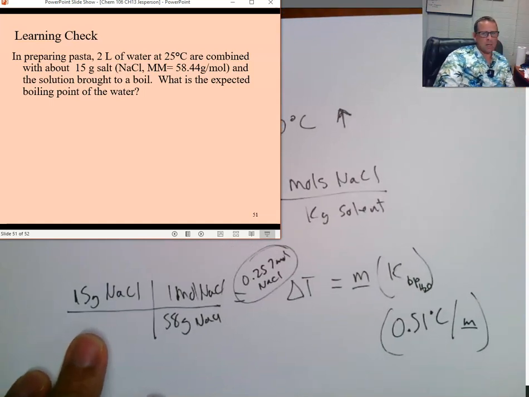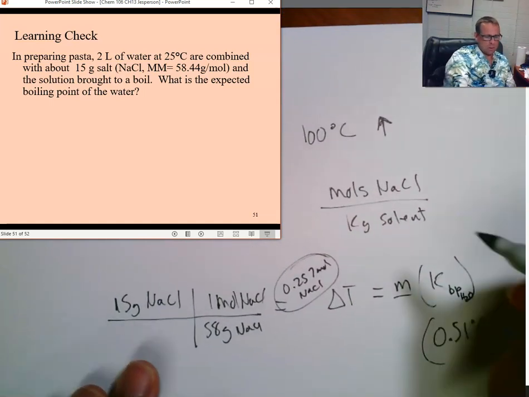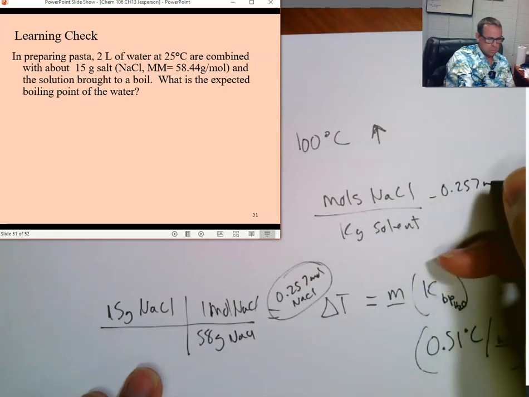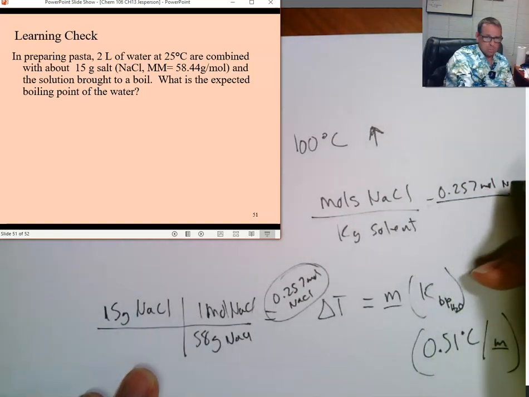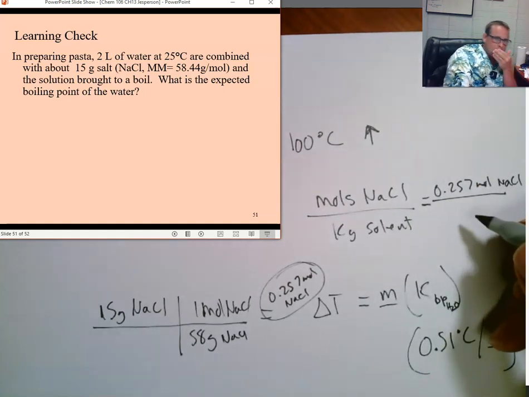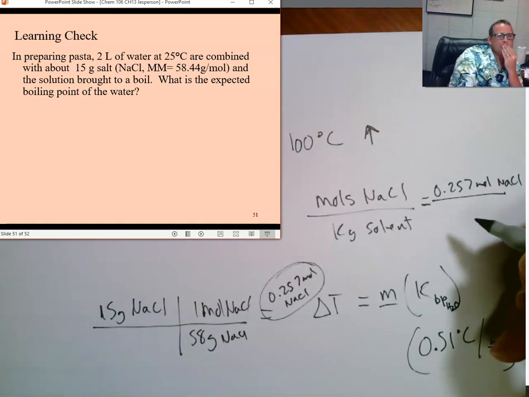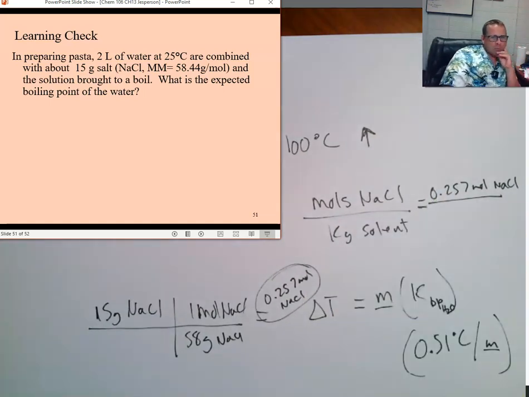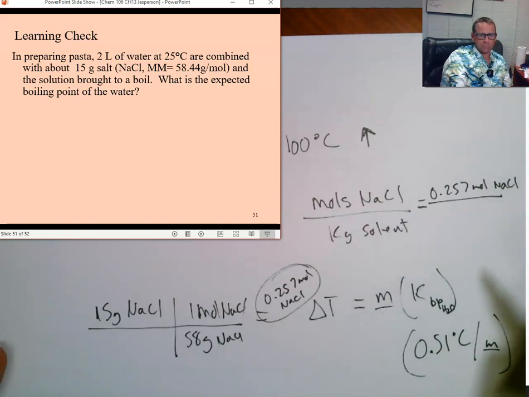All right. How many kilograms of solvent, Sarah? I'm not sure we know how many liters we have. Okay. If I have 2 liters, how many milliliters is that? 1,000.